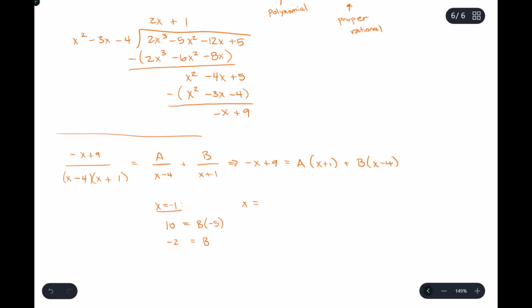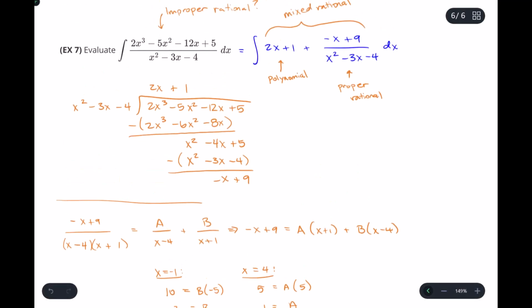And if I let x be 4, then negative 4 plus 9 would be 5. That would be A times 5. This term would cancel, so I would get A is equal to 1.